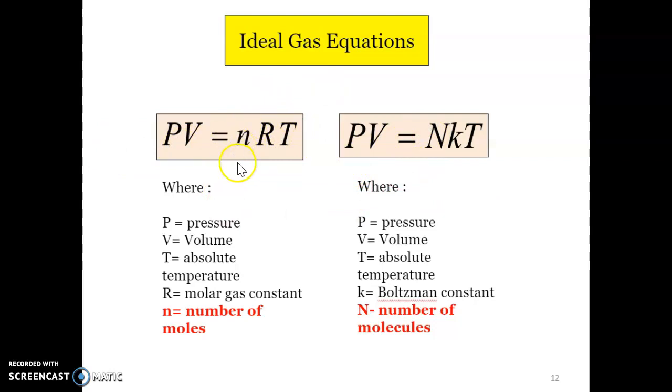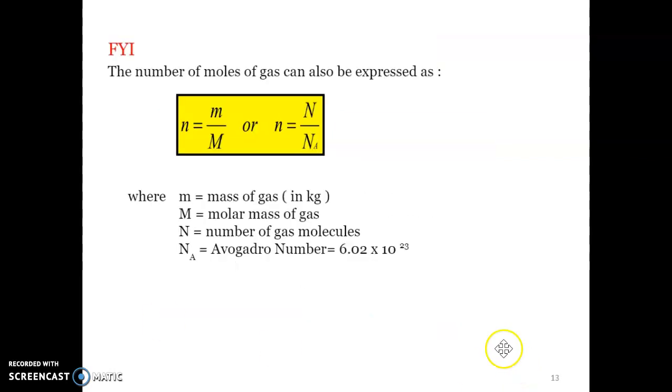It depends on whether you want to use nR or Nk. Small n is the number of moles, N is the number of molecules. So that's all for chapter subtopic 13.1.